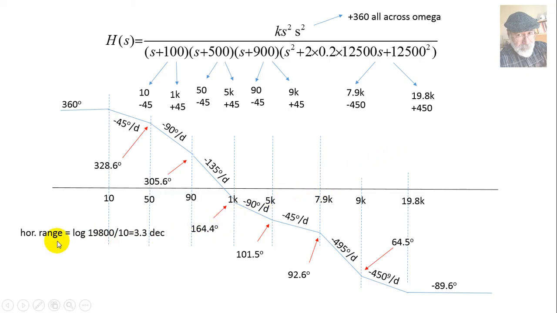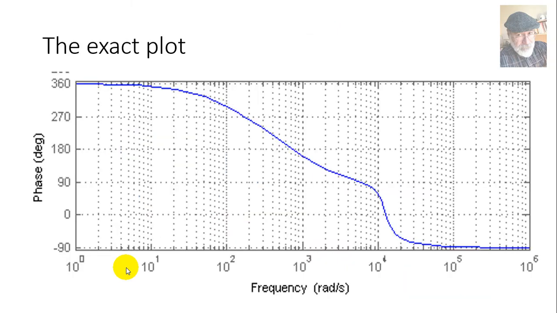The horizontal range for the plot between 10 radians per second and 19.8 kiloradians per second is 3.3 decades. We have to remember that to center the plot on the graph paper. And the vertical range goes from 360 at the top to negative 90 at the bottom. That is 450 degrees that we need to allocate on the vertical axis of the plot.